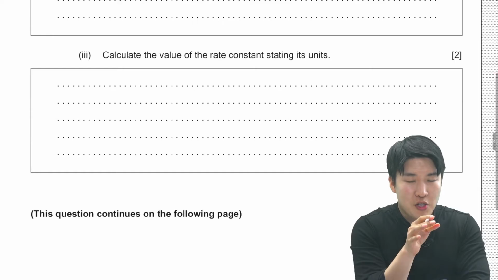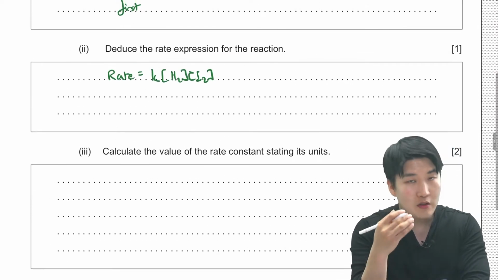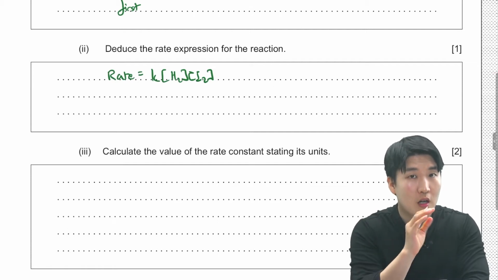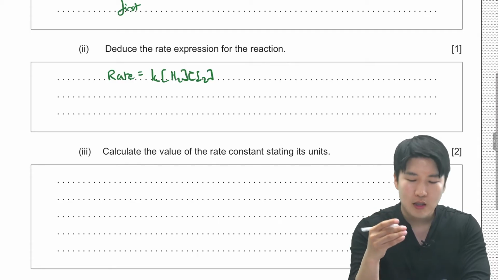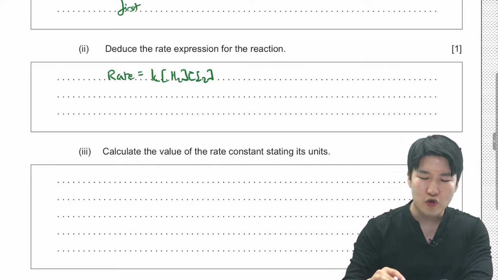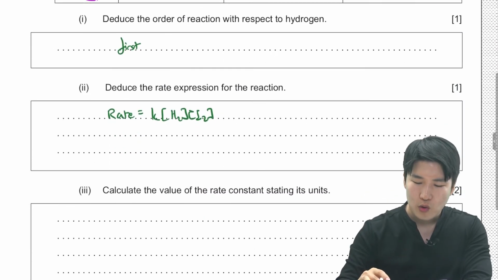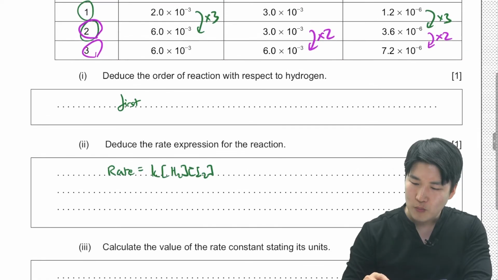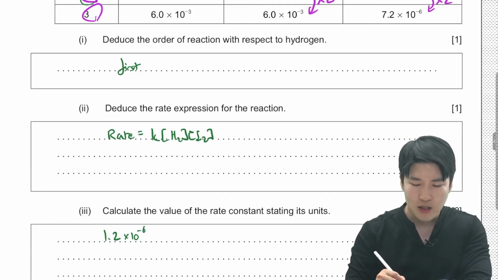From the rate expression, we can apply some values either from experiment 1, 2, or 3, the values of concentrations H2, iodine, as well as the initial rate, to work out the k value. Let's try using experiment 1. So, rate, we are going to use 1.2 times 10 to minus 6.